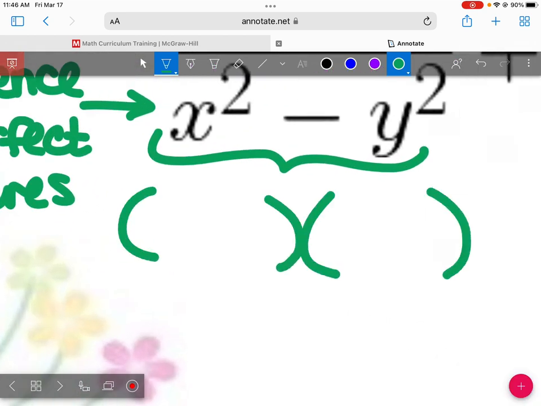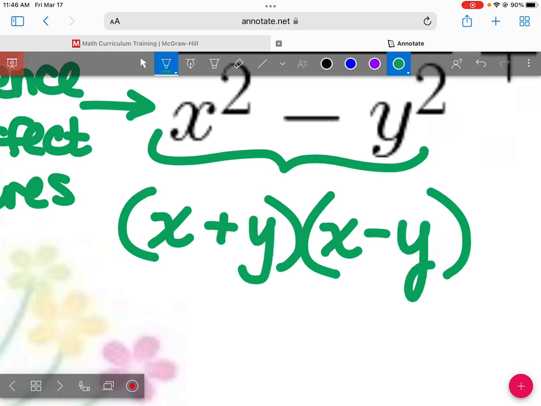What multiplied by itself would give me x squared? X and x. Each factor has to have an x in it. One has to be plus y, the other has to be minus y, because that's the only way I can multiply it and get a negative y squared.